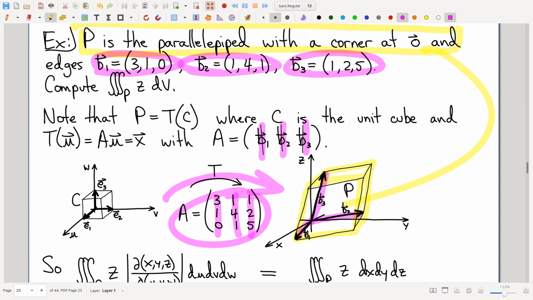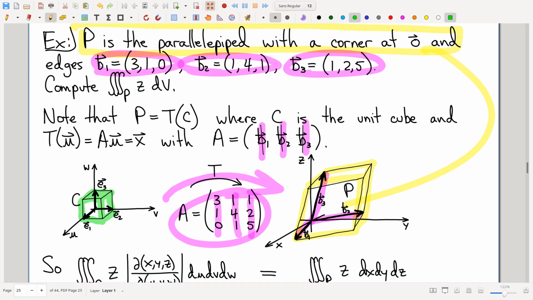Now, why would I make a choice like that? What's this arbitrary choice? I'm taking these edge vectors and making them columns. Why would I do such a thing? The reason is, I claim, and I will explain why, that this would make my parallelepiped the image of the unit cube.